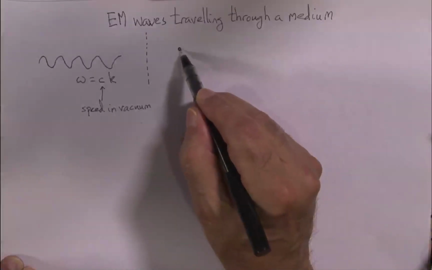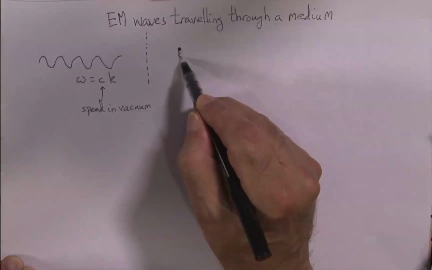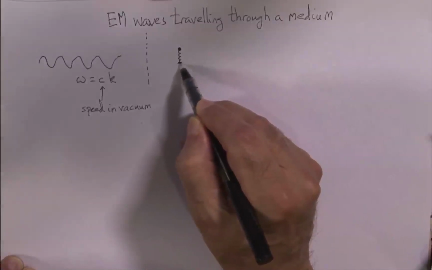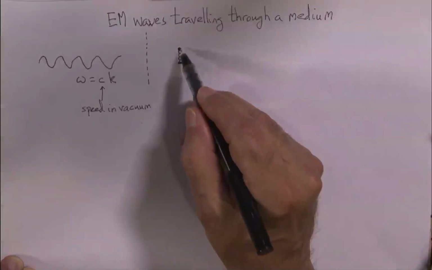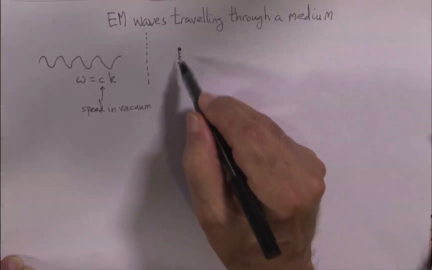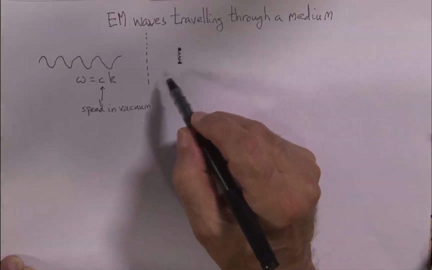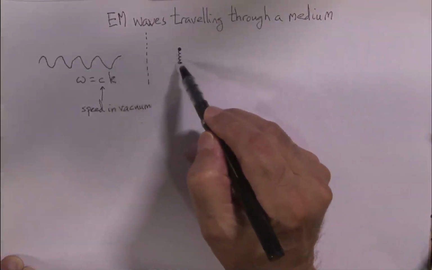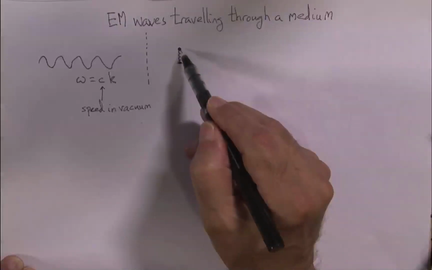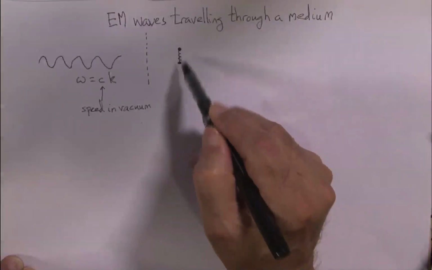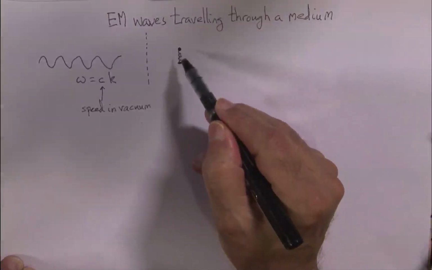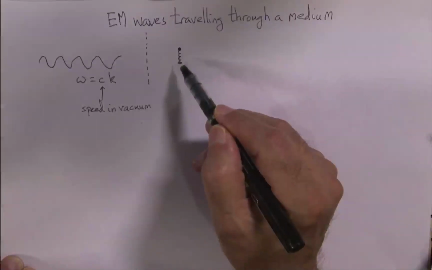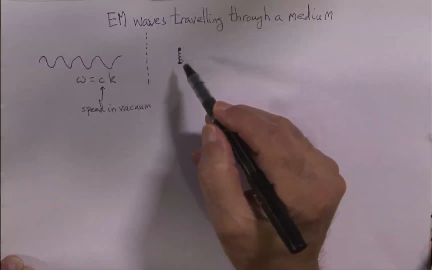So imagine that there's an electron over here, and that electron is bound to something, let's say the core of an atom, its nucleus. And this electron can then bounce up and down like this. So when this wave enters the medium, then this electron will be set into motion. Now, as this goes up and down like this, you've just learned that every accelerating electron radiates electromagnetic waves.